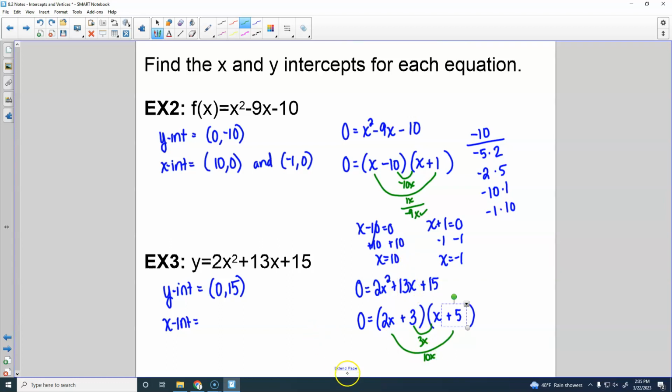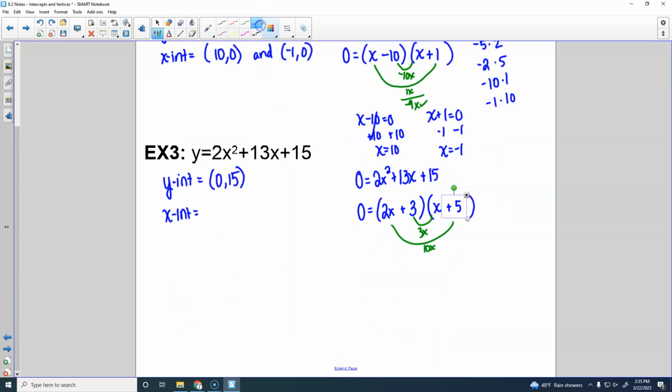So it's great. What have we got to do after that, Lanaya? Good. Negative 3 over 2, because we're going to subtract that 3.